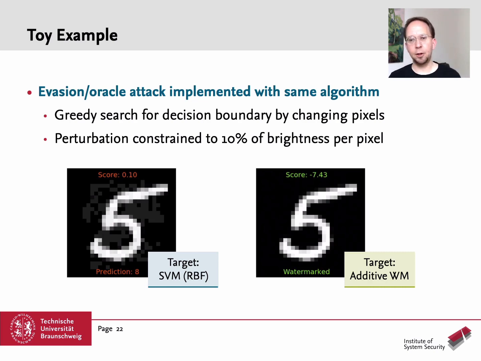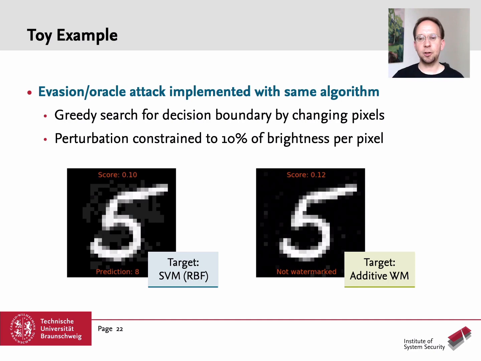And let's do the same thing on the right side. So here we have a 5. It's not a machine learning task, it's watermarked. If you look very, very closely, I'm not sure if you can see it, it has a watermark pattern in it. So there's this kind of noise in the picture that marks the image. And now I'm doing the same thing. I'm changing the brightness or the color a little bit of each of the pixels, not more than 10%.